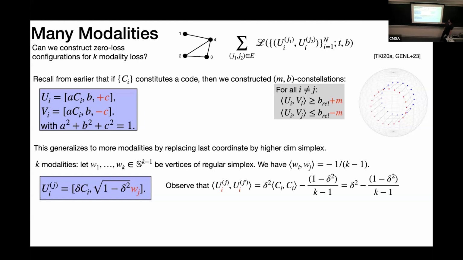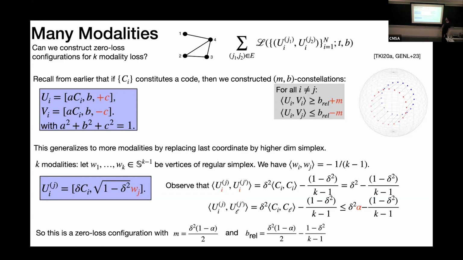Here, these are different modalities, J and J prime, for the same object, and you get something kind of big because the same code word shows up, so the inner product of C_i with itself is big. And for mismatched pairs, you get something smaller because of the alpha here, so the code words are separated. So it's the same kind of reason that this construction led to a zero loss configuration in the 2 case, and it still leads to a zero loss configuration in the multimodality case with these parameters. So it's maybe not something super deep. You can compute them from this.